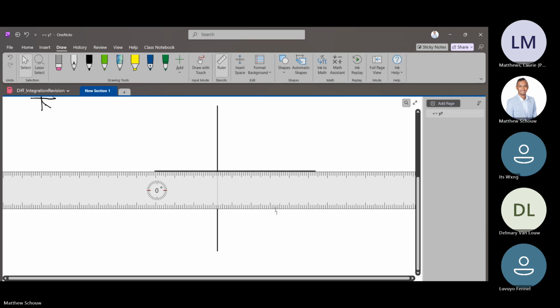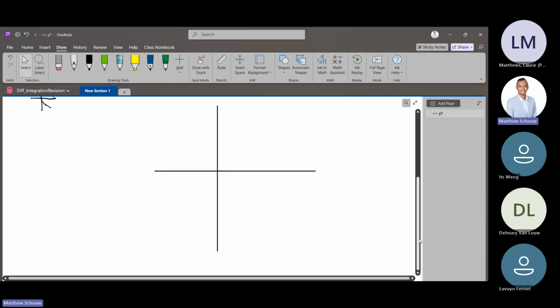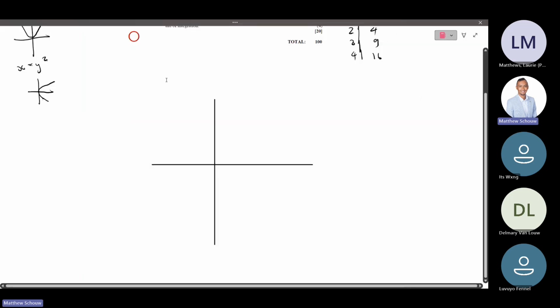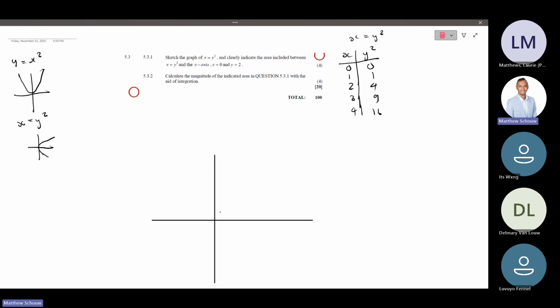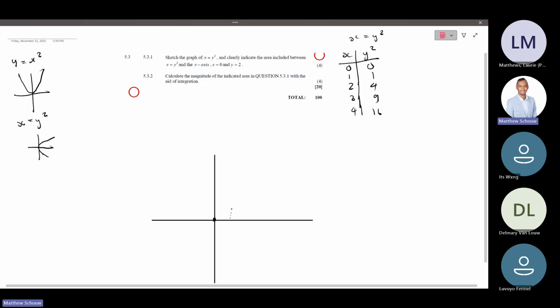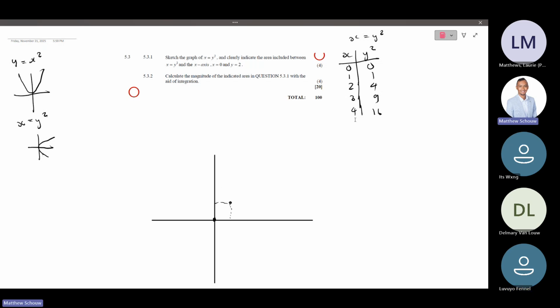Based off your values, our first point is there. Our second point is 1 and 1. I hope you guys are with me. Are you guys with me? Yes, sir. The next point is 2 and 4. Okay, let's say it's over here.